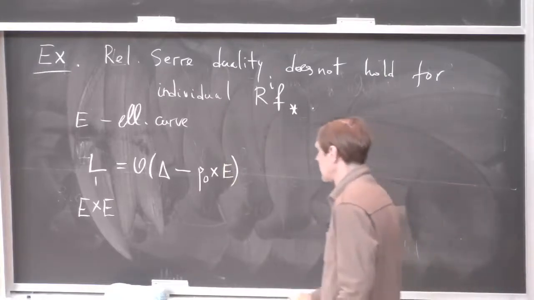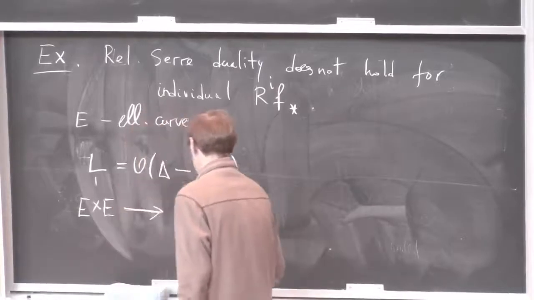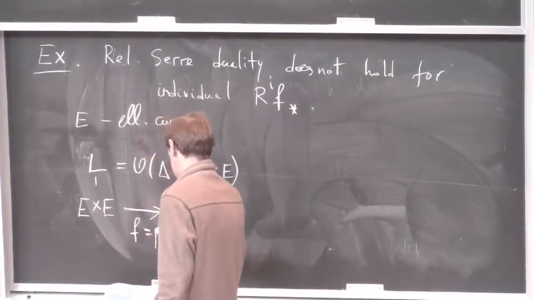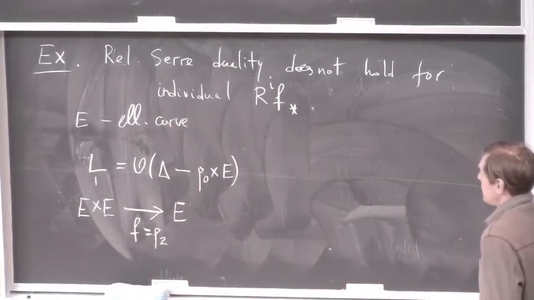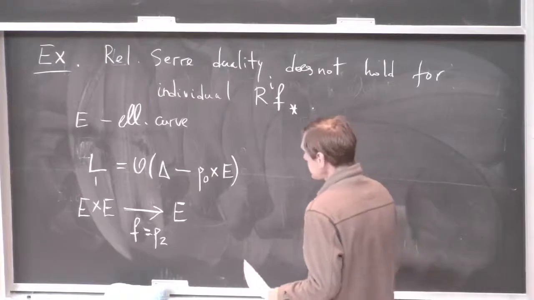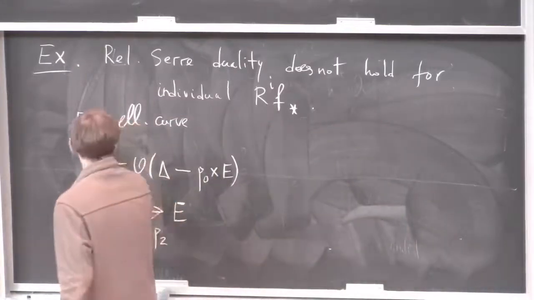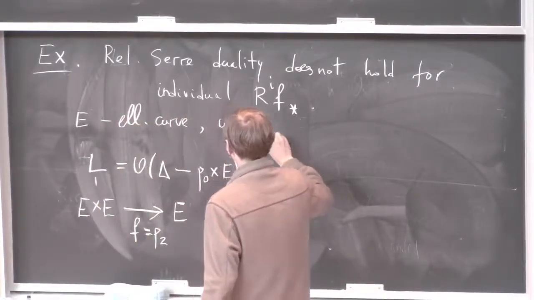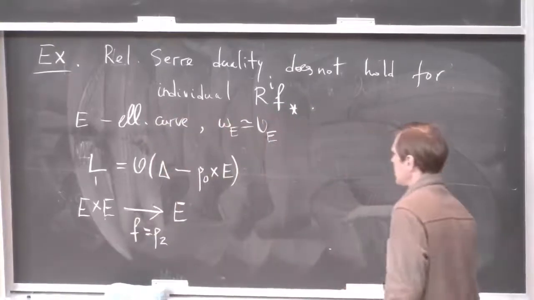And we consider as morphism f the projection to the second factor. Also in this case, for an elliptic curve, omega is trivial. So the relative omega is also going to be trivial.